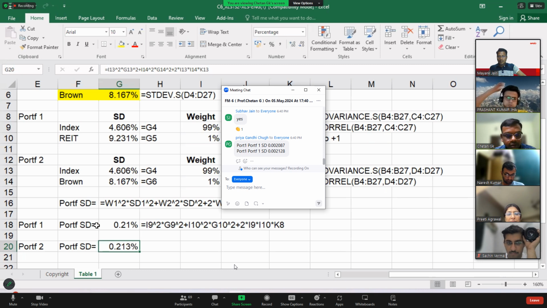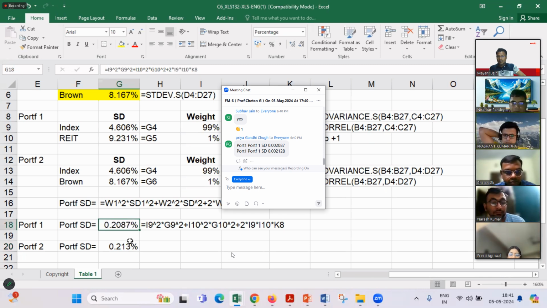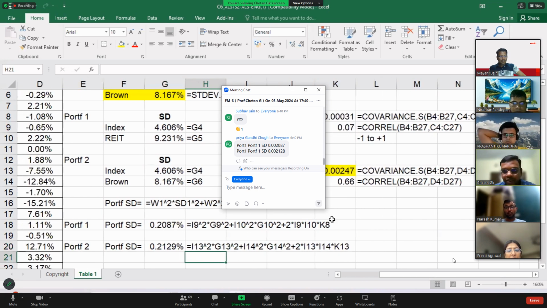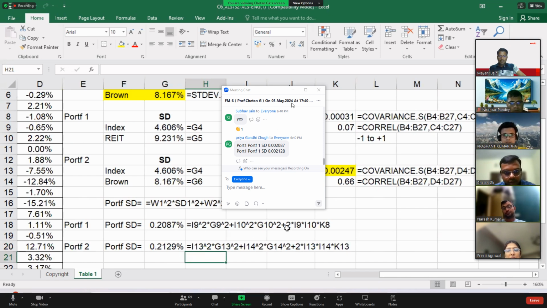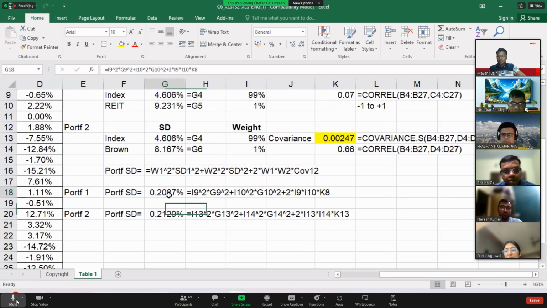Yes, sir. Like for portfolio 1, if suppose my answer is 0.0020, so are these approximations fine, or do we have to calculate the exact? Actually, you should get the same answer, right? Because everybody is using Excel only. You are not doing manual calculation. Tell me whether your answer and my answer are exactly matching.